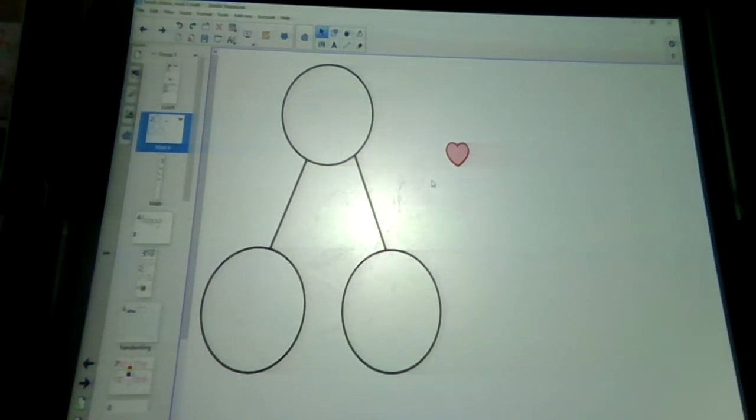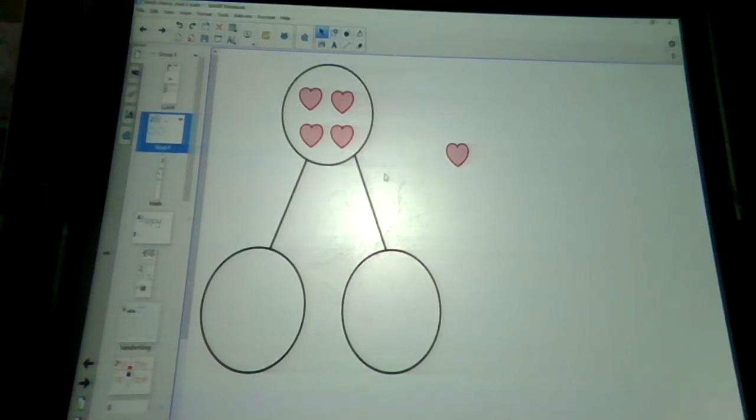There are 4 people at a party. I'm going to show that by putting 4 hearts on my number bond. Remember, this circle at the top, that's all by itself, shows our whole group. So we know that there are 4 people at the party.